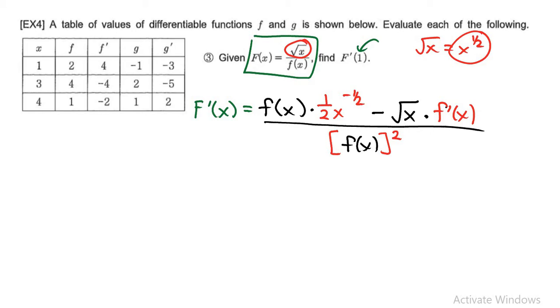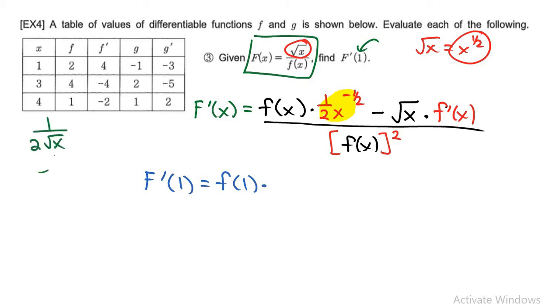So let's go ahead and now find the derivative value at f prime of 1. So that's going to be f of 1 times, now this expression right here, if I just do that on the side, that's the same thing as 1 over 2 root x.